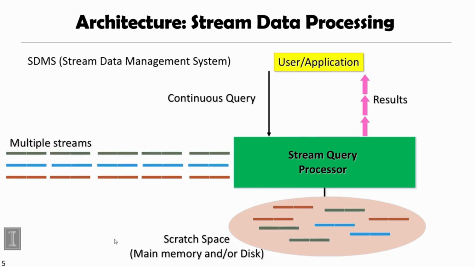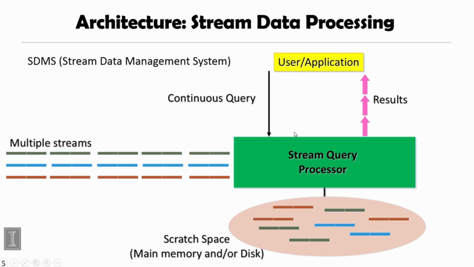If we look at the architecture of a data stream processing system, usually we call this a stream data management system. We have a stream query processor. Multiple data streams stream into this processor at the same time in a continuous way. Users or application programs usually pose continuous queries rather than ad hoc queries. It's like a watchdog. They want to see anything abnormal.